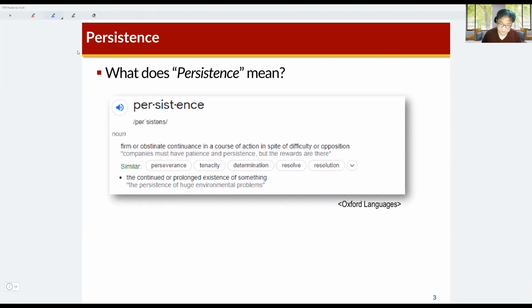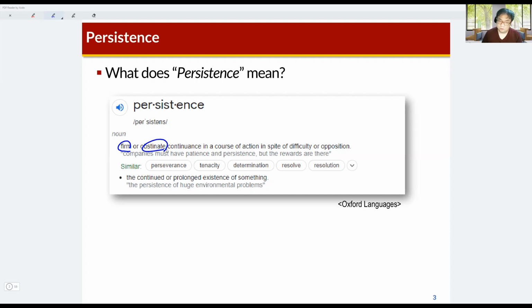Okay. So what is the definition? The definition of persistence is firm and obstinate continuance in a course of action in spite of difficulty or opposition. Its meaning is sometimes negative or sometimes positive.